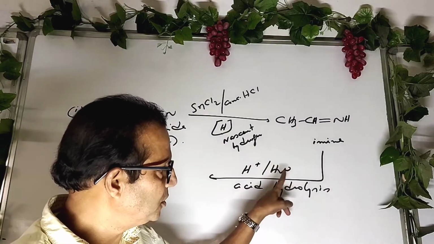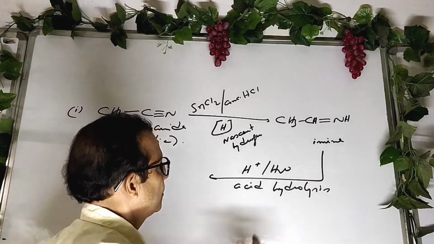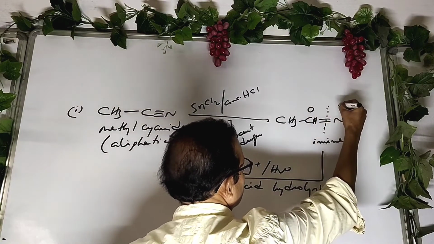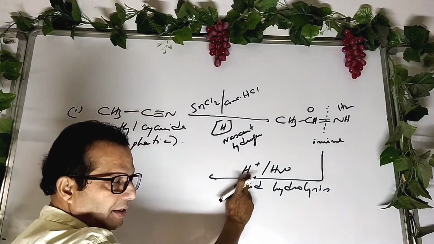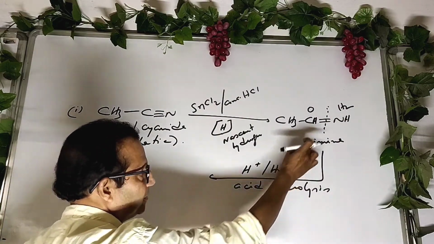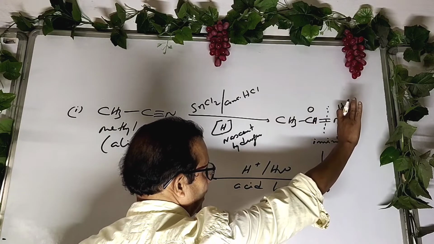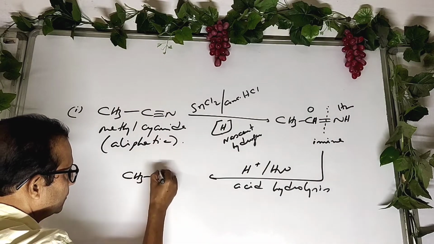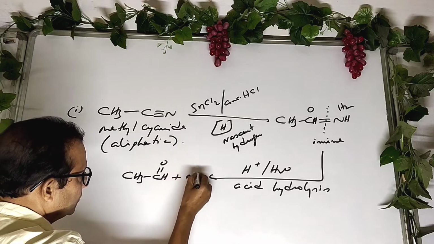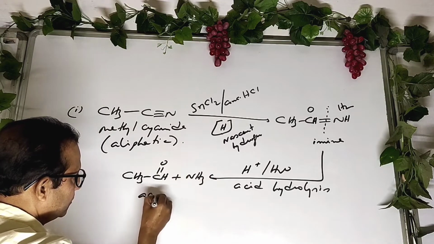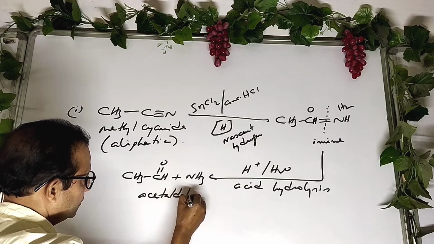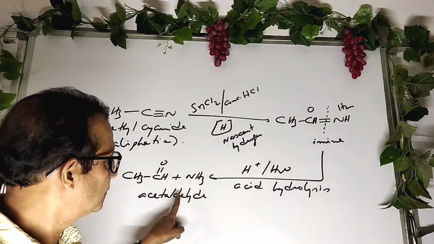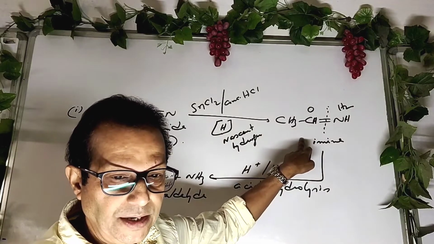When imine undergoes acid hydrolysis, again follow the technique. Acidic medium, water is a reactant. Break it. So you get acetaldehyde.